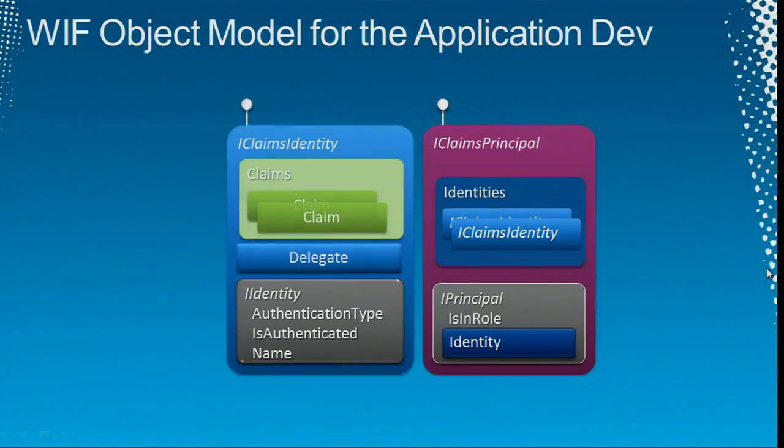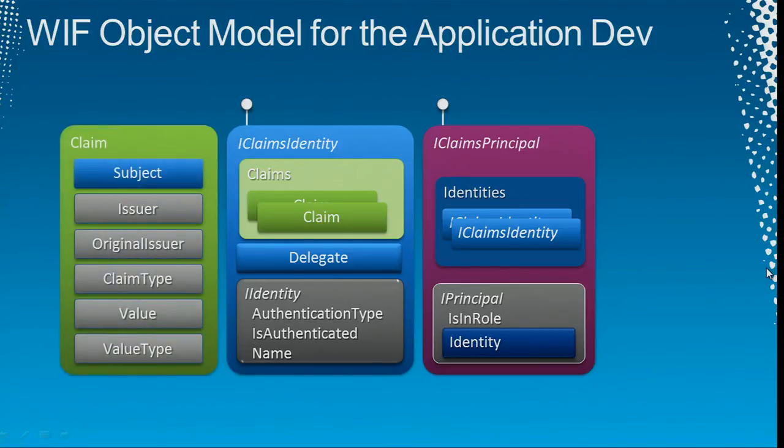See, it's back. Great. So we have IClaimsPrincipal, we have IClaimsIdentity, which is one single part, which of course contains a set of claims, and also contains a lot of other interesting things, which I'm not going to touch in here because we just have 1 hour and 15 minutes. So for example, we have a delegate which may contain other IClaimsIdentity if you are acting on behalf of others.